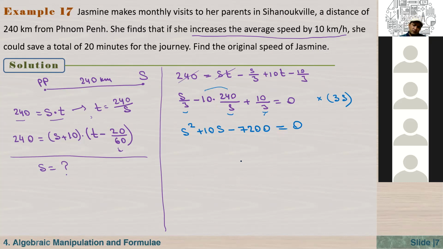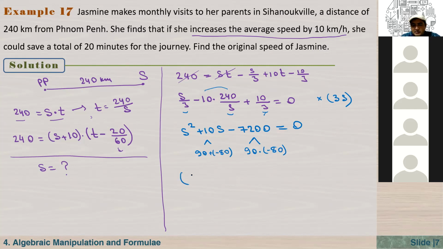Now we have a quadratic equation, and we know how to solve quadratic equations by factorization, if it is factorizable. We need two numbers whose product is minus 7200 and whose sum is 10. 8 times 9 is 72, so here it is 90 times minus 80. 90 times minus 80 is minus 7200, and 90 plus negative 80 is equal to 10.